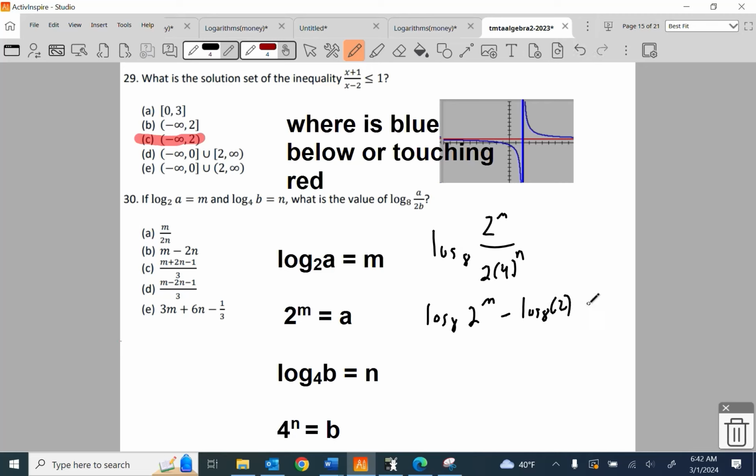Minus log base 8 of 4 to the n. Exponents out front: m log base 8 of 2 minus log base 8 of 2 minus n log base 8 of 4.